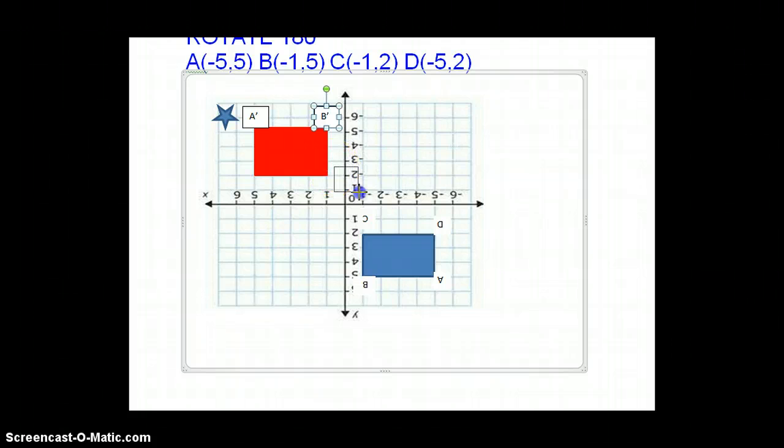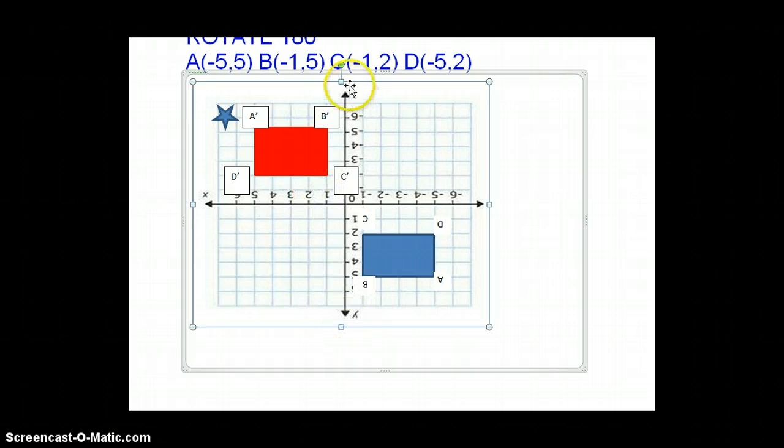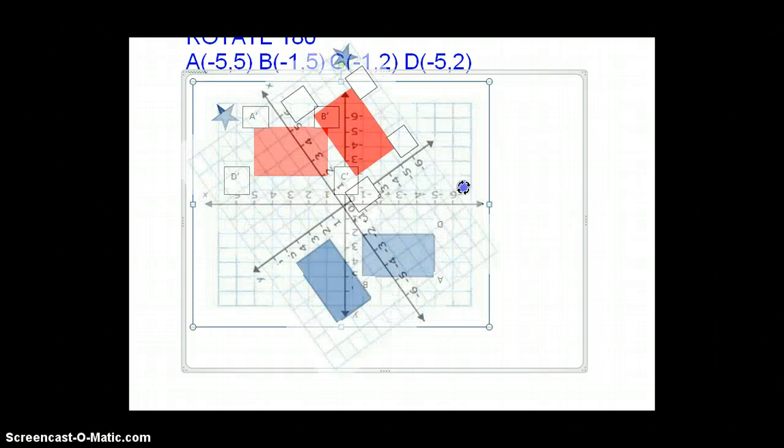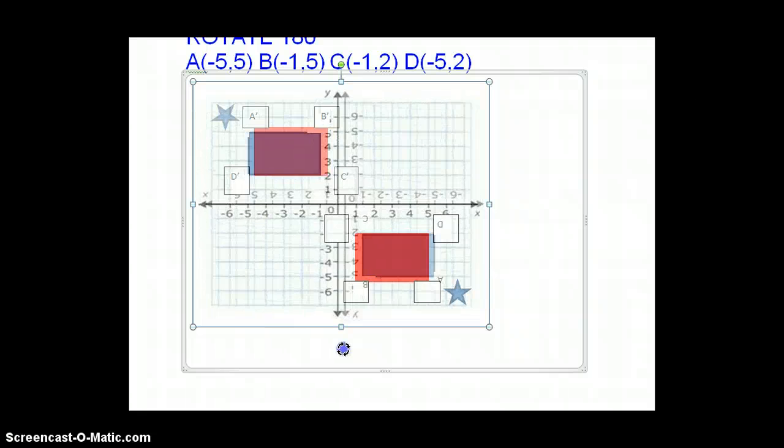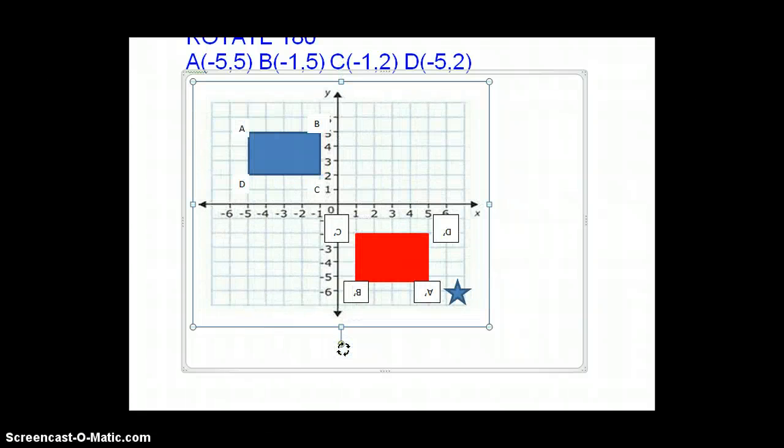Our bottom point becomes C prime. And then over here we have D prime. So now we can rotate our shape or our graph back over to its original position and see what it looks like.